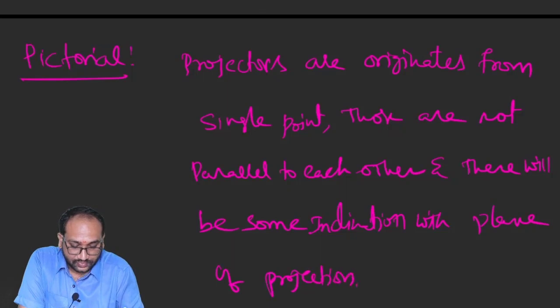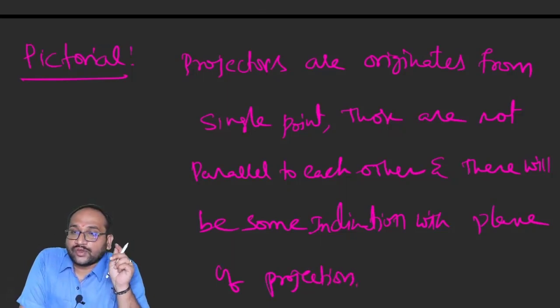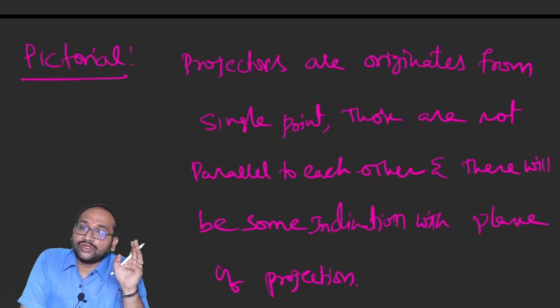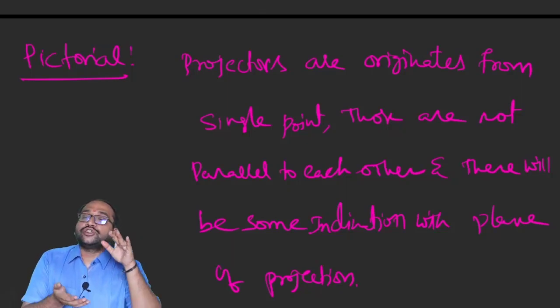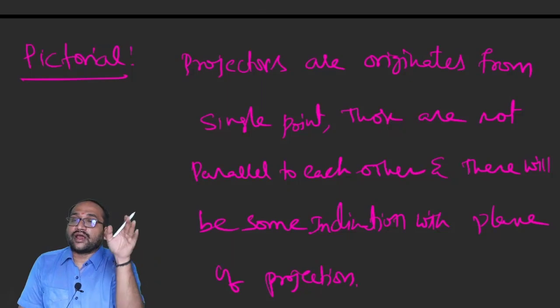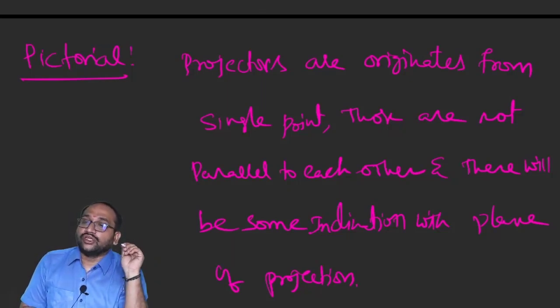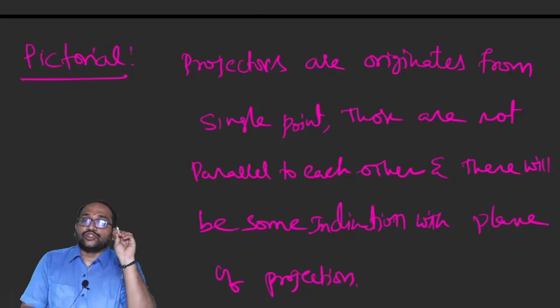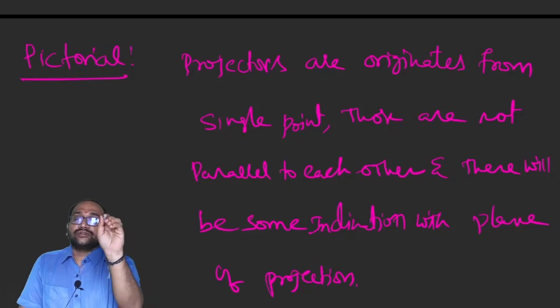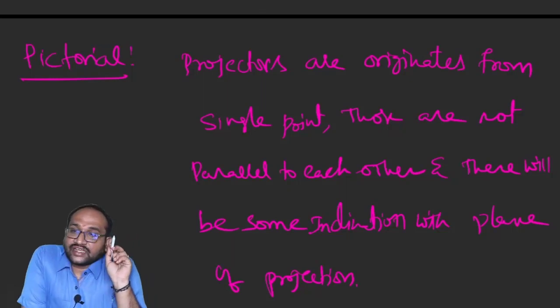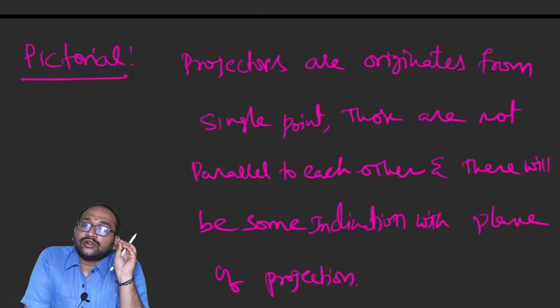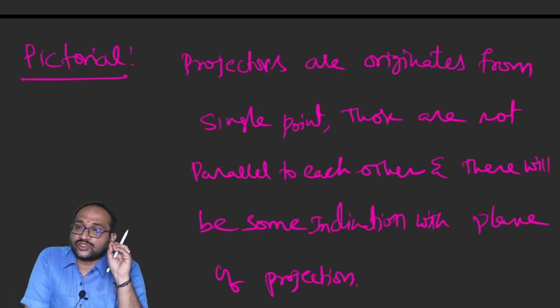Okay, in orthographic projection, projectors are parallel to each other and perpendicular to the plane of projection. See, projectors are passing like this. Whereas in pictorial projection, projectors are not parallel to each other and have some inclination with the plane of projection.